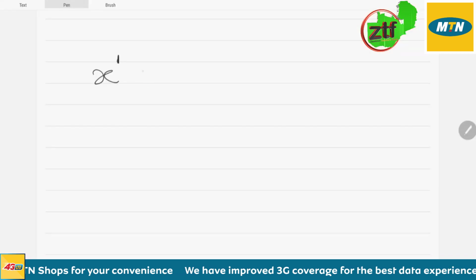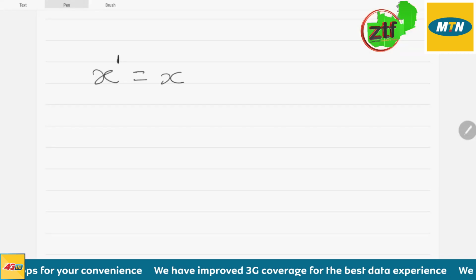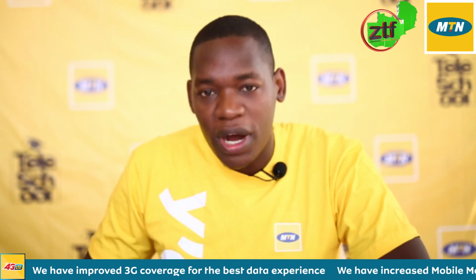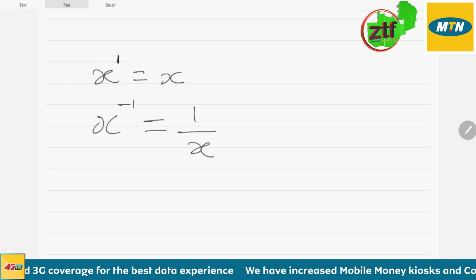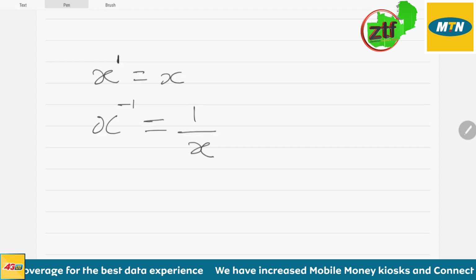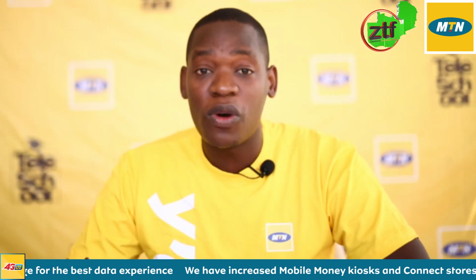When I write x, there is a power 1, which gives us x. So x raised to the power 1 is simply written as x. Now, when you have x raised to the power negative 1, it simply means that you have 1 over x. So x raised to the power negative 1 is the multiplicative inverse of x.